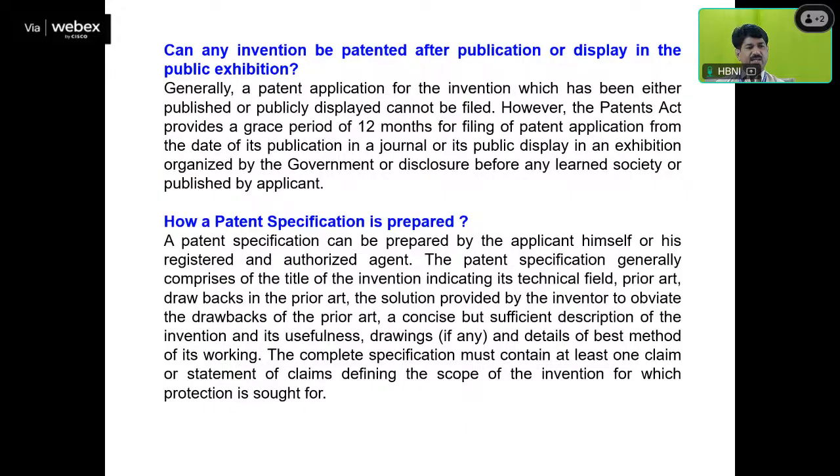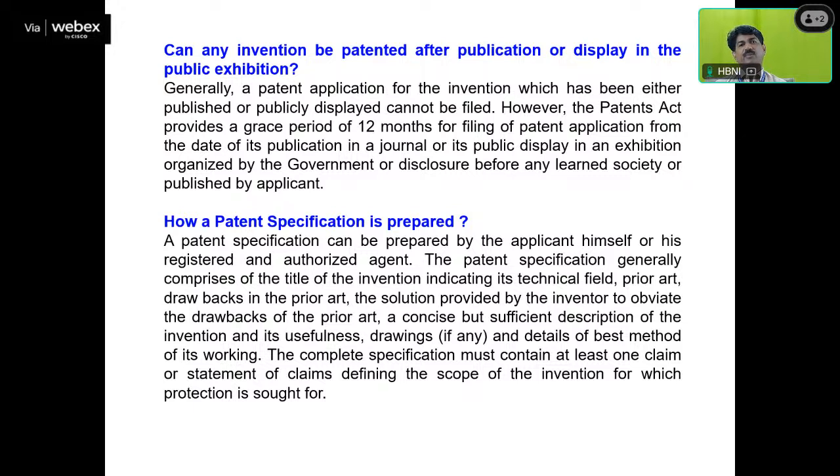However, the Patent Act provides a grace period of 12 months for filing a patent application from the date of its publication in a journal, or its public display in an exhibition organized by the government, or disclosure before any learned society, by the applicant.